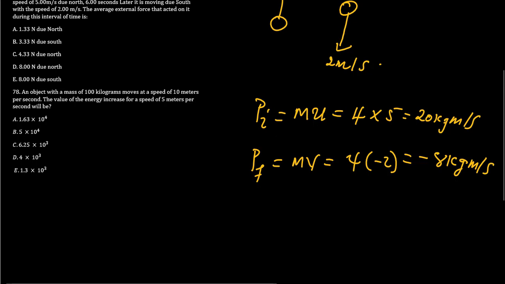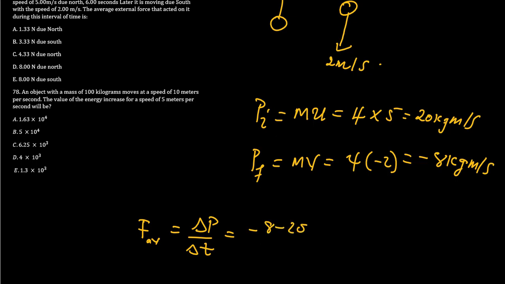And so the change in momentum, or the average force, F average, will simply be given by delta P divided by delta T, and delta P is simply the final minus the initial. So that would be negative 8 minus 20, all of this divided by the interval of time, that will be 6 seconds, and so this will be negative 28 divided by 6.